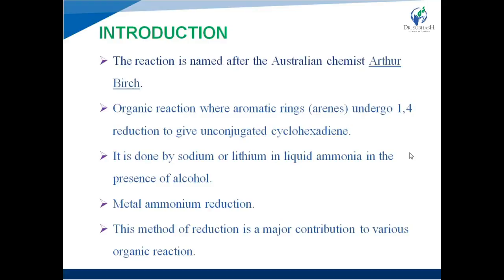The aromatic ring undergoes reduction at carbon number 1 and 4. That's why it is known as the 1,4 reduction and forms the unconjugated cyclohexadiene.